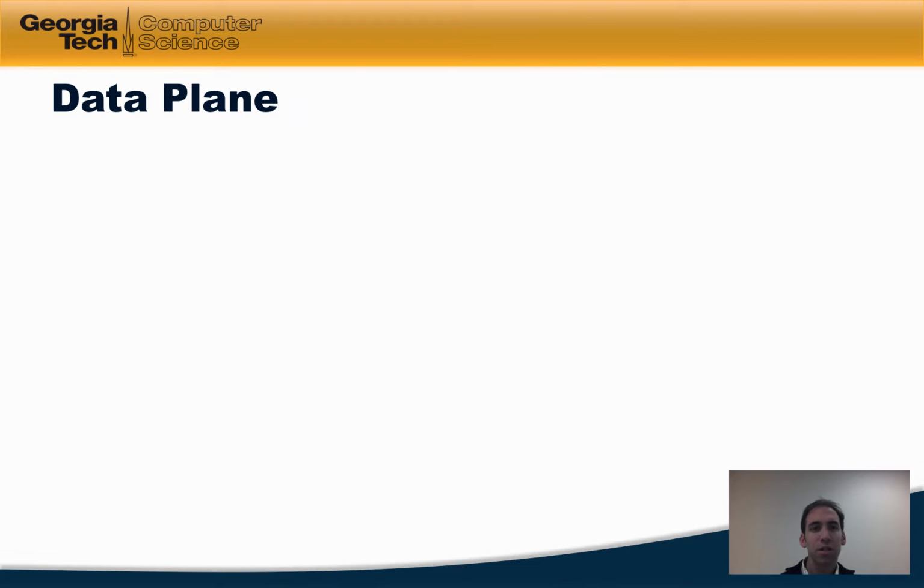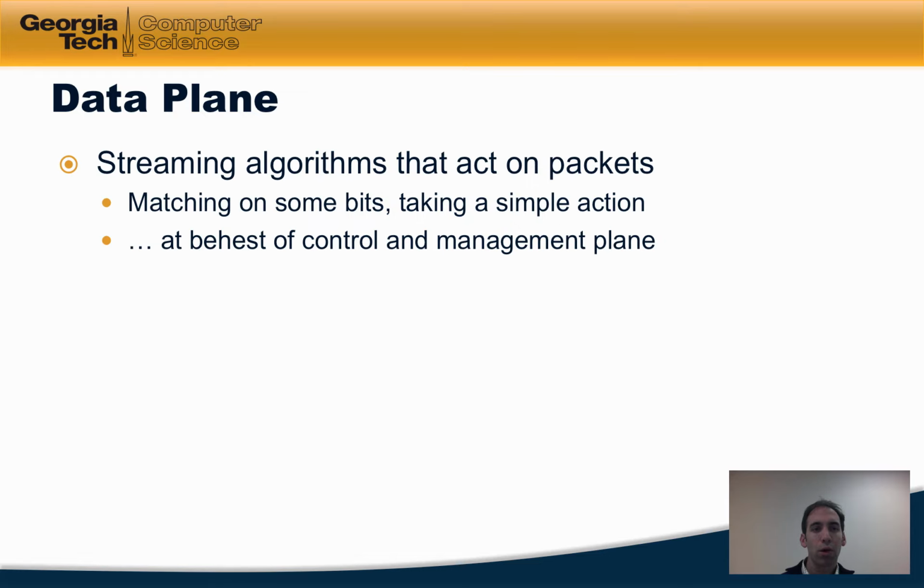Now, to customize the data plane, we merely need to recognize that the data plane is nothing more than streaming algorithms that operate on packets. They match on some bits in the packet, and they perform a simple action, typically at the behest of the control plane.